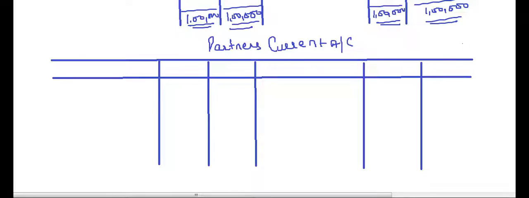So we have the partner's current account, credit side, debit side, particulars. Say partner X, partner Y. Now the partners will have a separate balance in their current accounts.